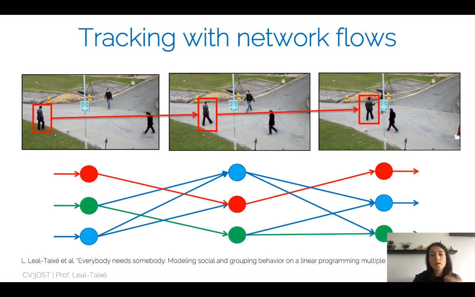And if I would solve for all the trajectories in my graph, it turns out that I would actually find all the pedestrians in the scene. So essentially, for me, finding all the pedestrians in a scene means finding all the paths in my graphical model.